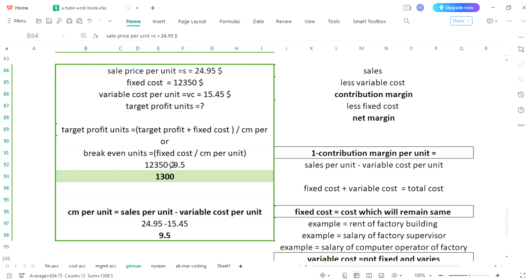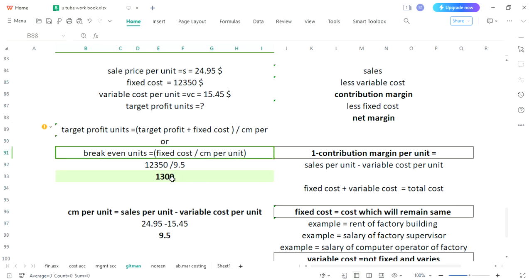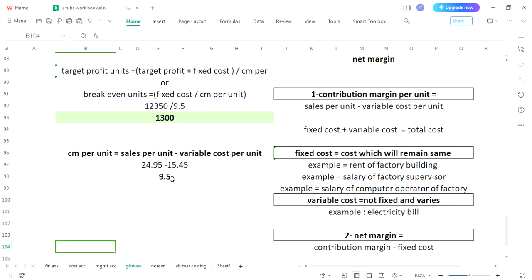Now please understand what next we are doing at that spot. We will prove it with these 1300 number of units. You will get your net profit or net margin as 0. Look at here. Net margin would be 0 if you will produce 1300 number of units. I'm again telling you, it's not part of your question, it's not part of the solution.